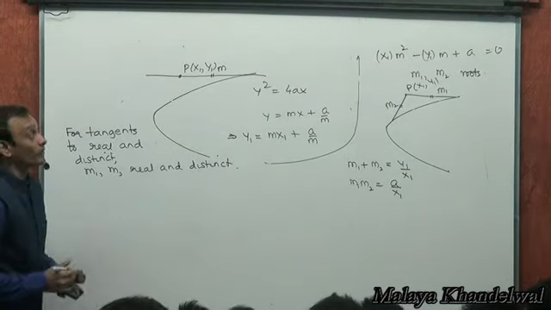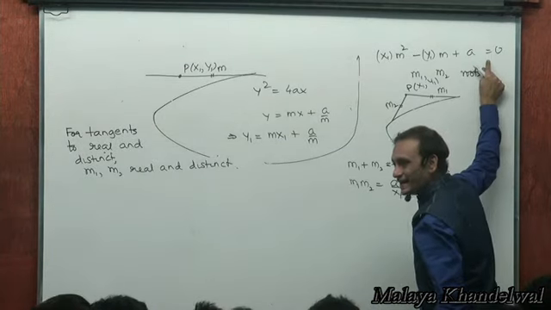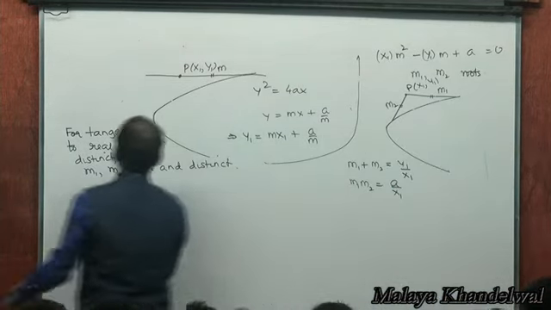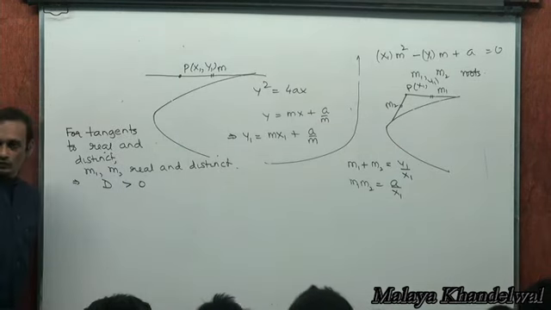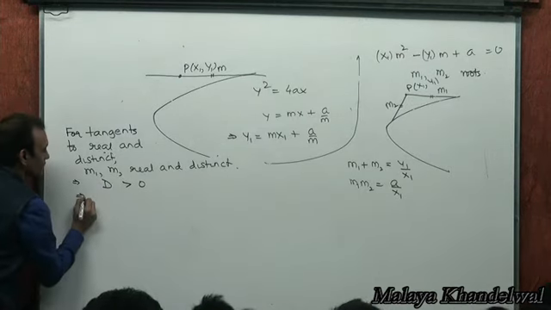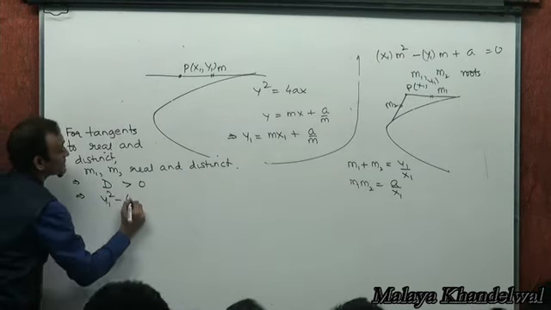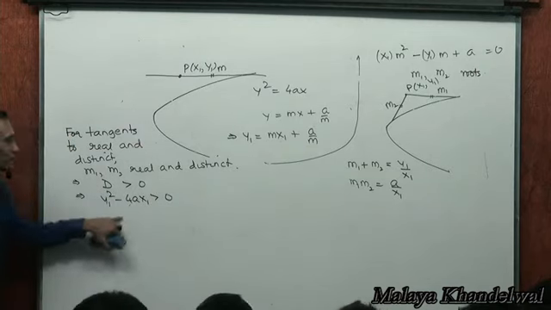Now, for m1 and m2 to be real and distinct, the discriminant must be greater than 0. Discriminant greater than 0 means y1 squared minus 4a x1 must be greater than 0. What is this?